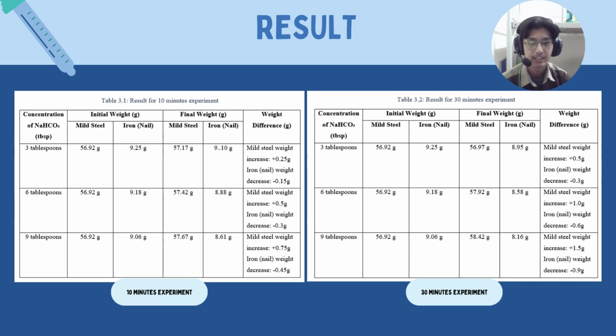For the nail weight, it decreased by negative 0.3 gram, negative 0.6 gram, and also negative 0.9 gram. So we can see that if the concentration increases, the nail weight or the iron will decrease more. That's all from me.